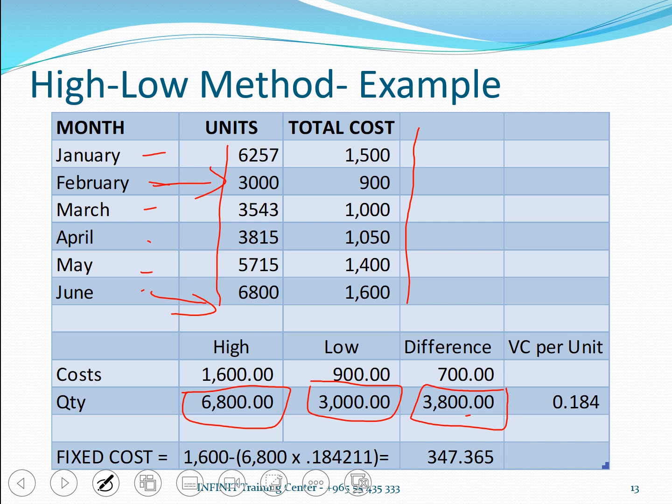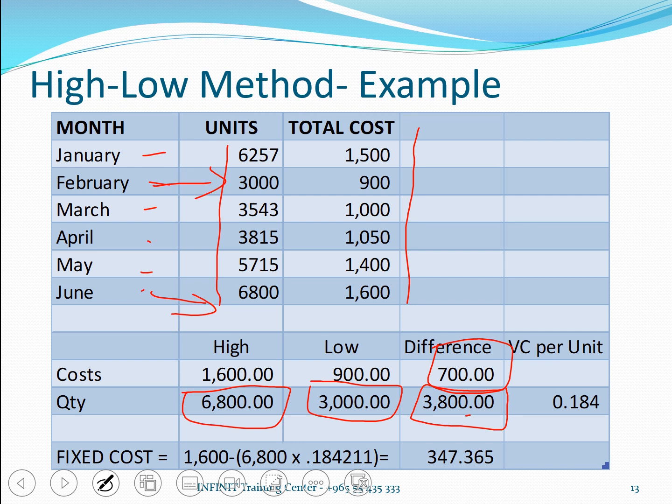So when there is a difference in quantity by 3,800, how much did cost increase? Cost increased is $700. Now why did this cost increase? Because this is the cost we call variable cost, that will change as the number of units of production increases. So when 3,800 units increased, we spent $700.